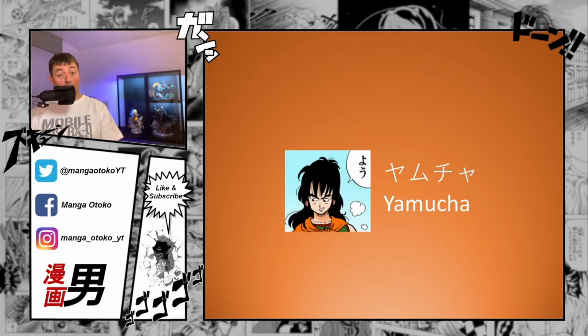Later on in the story, we encounter Yamcha, and we're continuing now with a series of character names that are based on Chinese drinks and foods. Yamcha is also written with katakana, which means it's a foreign word that was introduced into Japanese, and in this case it's a kind of dumplings.